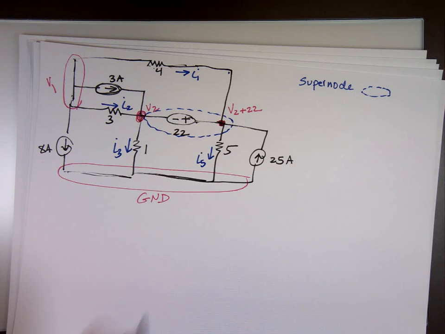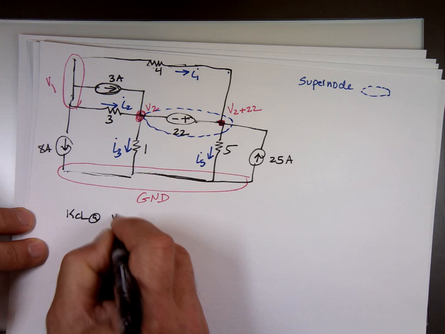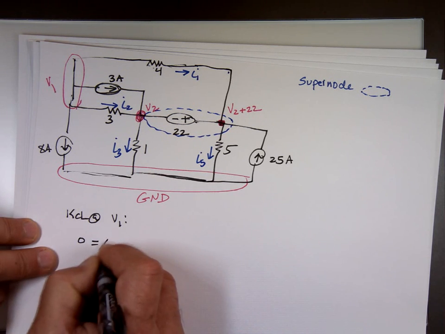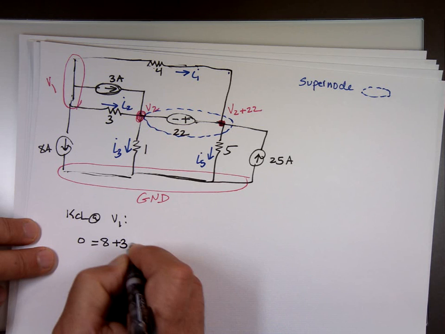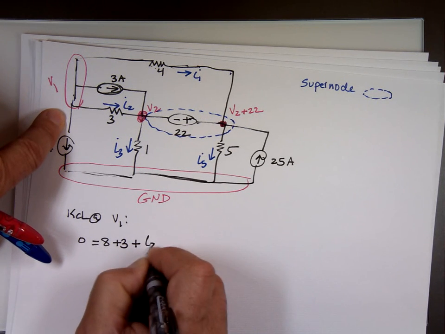KCL at V1. We did that. That doesn't change. There's no change here. What is going to that node? Nothing. What's leaving? 8 plus 3 plus I sub 2 plus I sub 1.